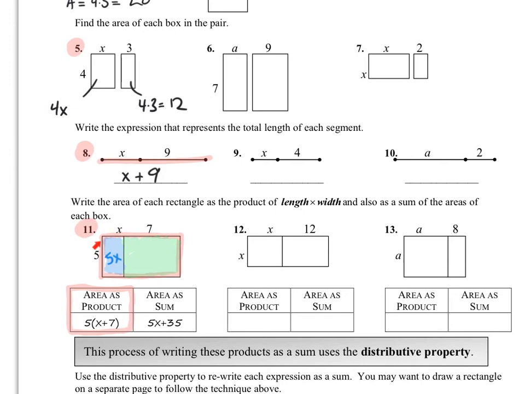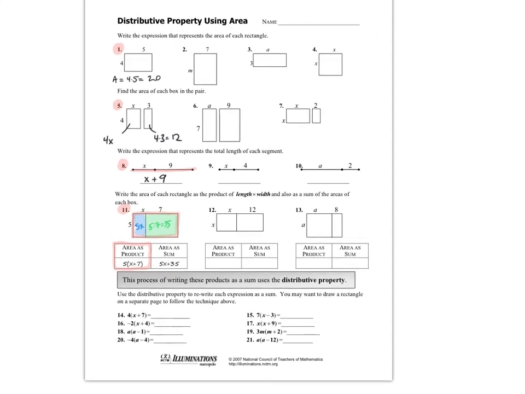The green rectangle is 5 tall and 7 across, so its area is 5 times 7, for a total of 35 square units. You add together the blue area plus the green area to get 5x plus 35 for the total area as a sum. Multiplication problem, product; addition problem, sum. And that's distributive property review.